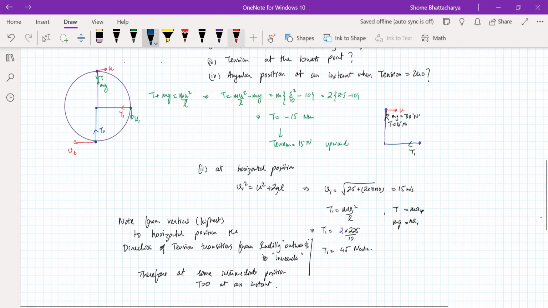Because the speed at the top that we have now is less than root GL, the speed at the bottom is greater than root 4 GL, but less than root 5 GL. So like that, the tension will be greater than 5 times the weight, but less than 6 times.